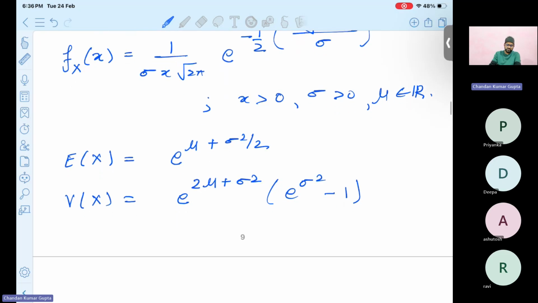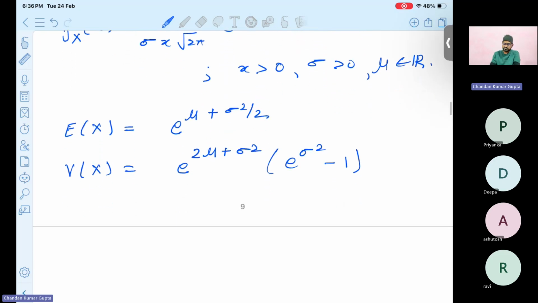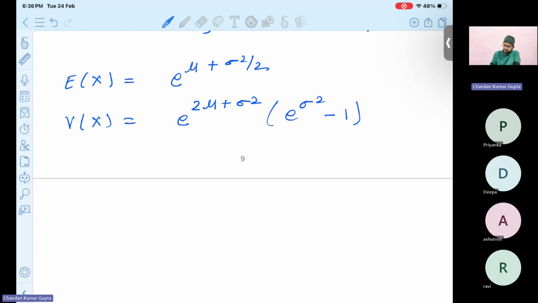Also, its kth order non-central moment has a fixed form, which is e to the power k times mu plus half of k square sigma square.